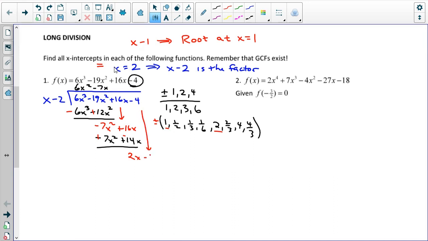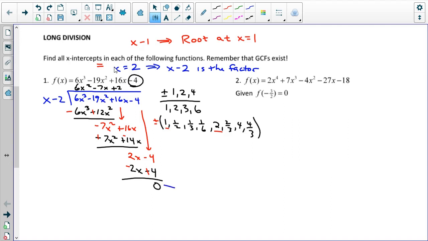Then I will pull down the minus 4. The number that multiplies by x to give me 2x is 2. So 2 times x gives me 2x. 2 times negative 2 gives me negative 4. If I subtract this, which means changing the signs and adding, I get 0.